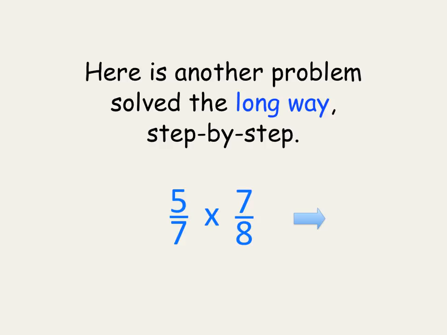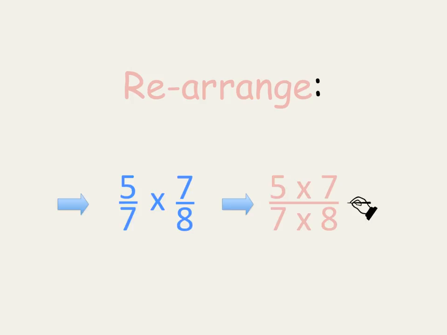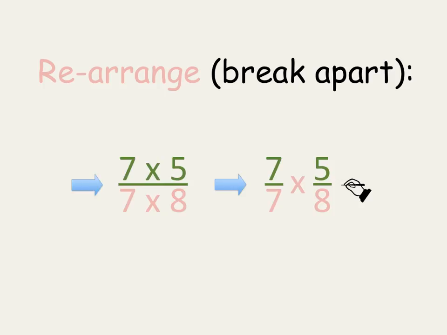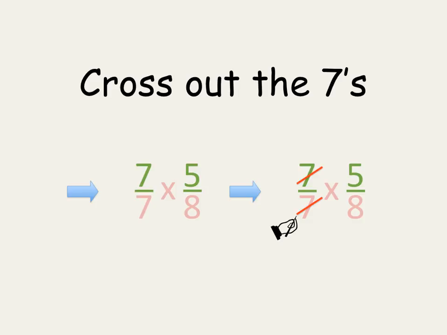Here is another problem solved the long way, step by step, 5/7 times 7/8. You rearrange by putting the numbers together, both on the top and the bottom. Then you use the commutative property on the top numbers by switching the order. Rearrange them again by breaking them apart. Now you've got 7 over 7, 7/7.